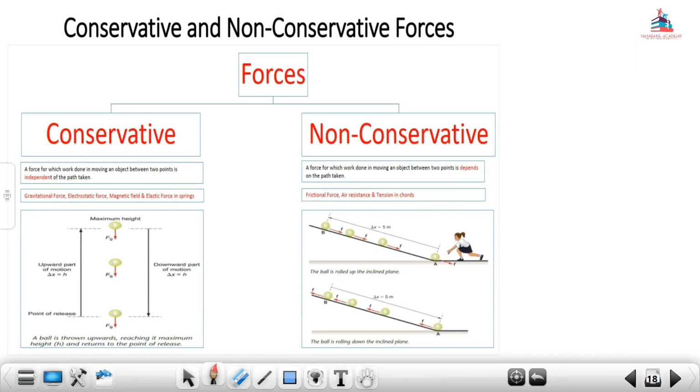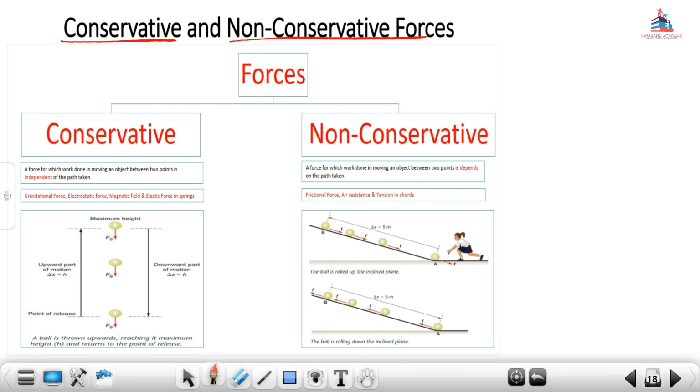We are going to move a little bit, because the exam guideline also says we need to know the difference between conservative and non-conservative forces. This is where the majority of us have a challenge, so I'm going to explain it fully and in detail and also give examples.